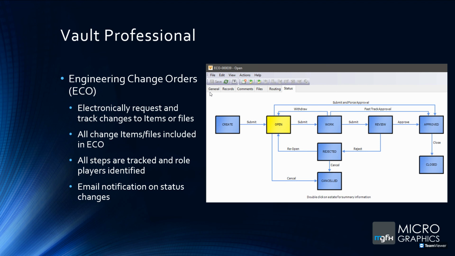Once a file or item goes through this process, it will get bumped up to the next revision. You can also have email notifications set up so that the people involved in this process are emailed updates or notifications when they are required to pay attention to that ECO.